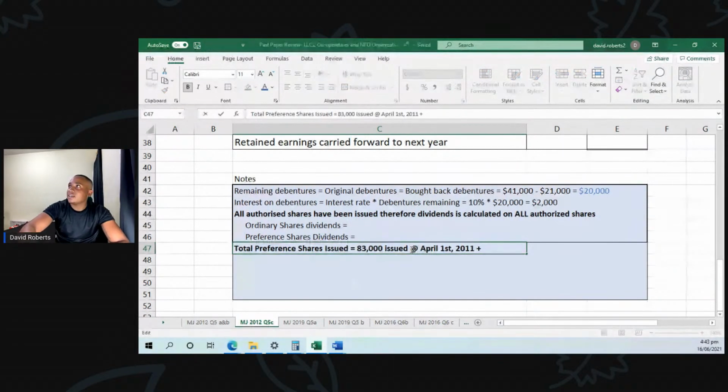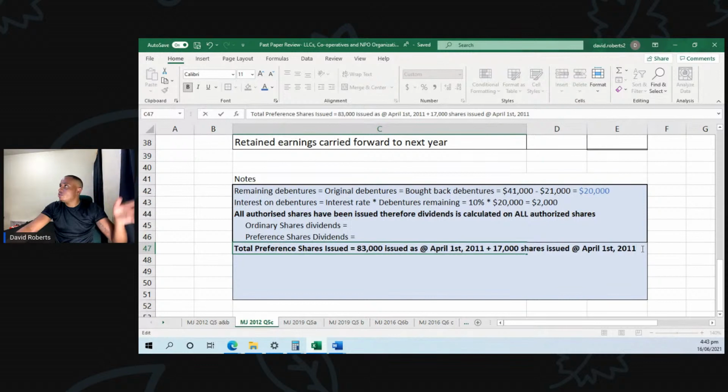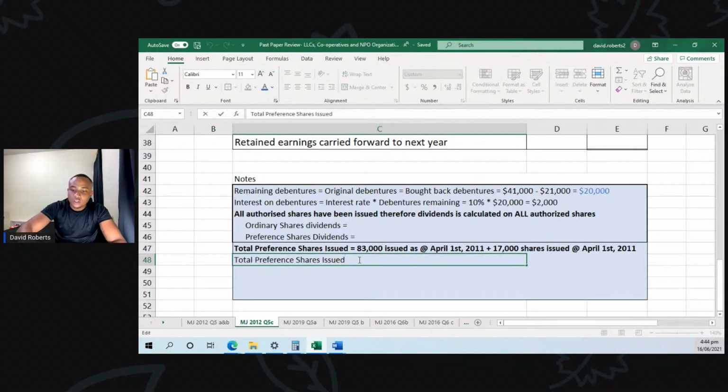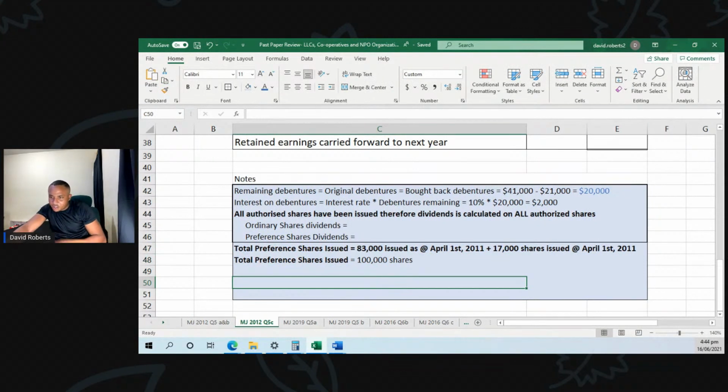So that's just the difference. 83,000 was issued from before, and we have 17,000 issued, and therefore total preference shares issued is equal to 100,000 shares in total.